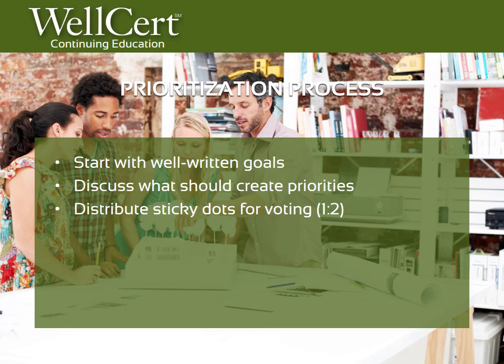So if you've got maybe 10 goals that you're prioritizing, you might want to have maybe half of those, 5 votes for each person, or 3 votes for each person, or 4 votes for each person, so that they pick out of the 10 the 4 that they think are the most important, or the 5 that they think are the most important.